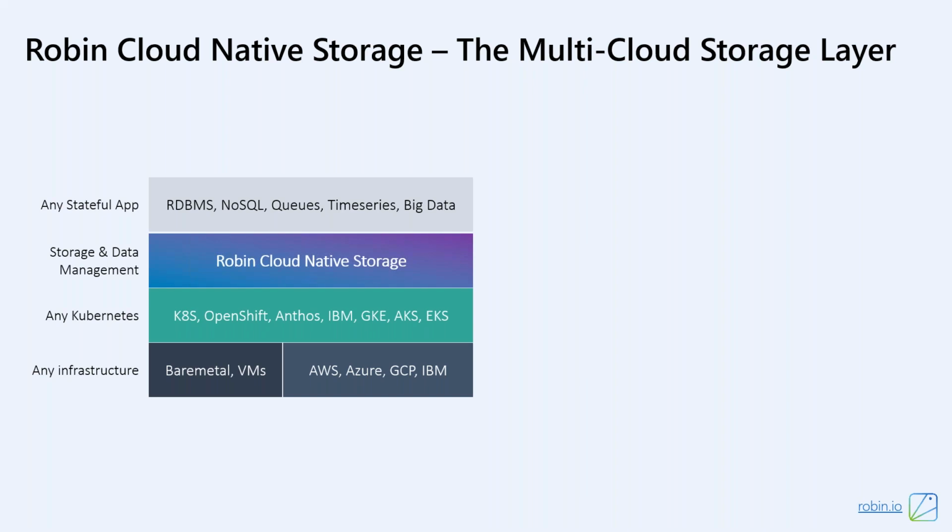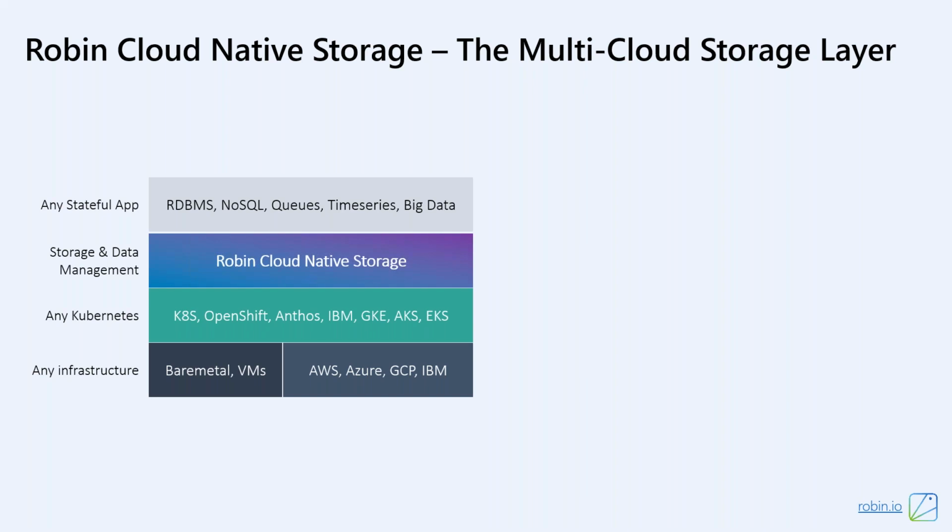So if you look at the stack diagram, Robin Cloud Native Storage can work on any infrastructure. So this could be on-prem, or on bare metal or virtual machines, or it could be in public clouds, including AWS, Azure, GCP, IBM. And now on top of that infrastructure, you might have different flavors of Kubernetes.